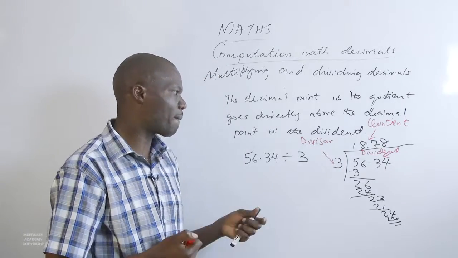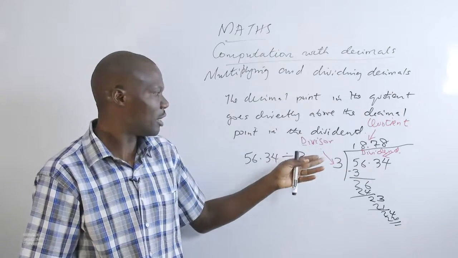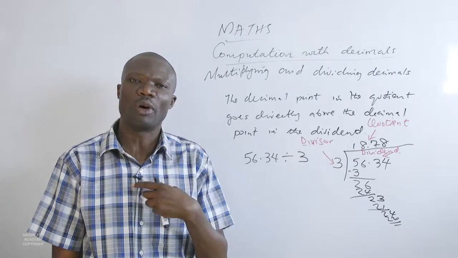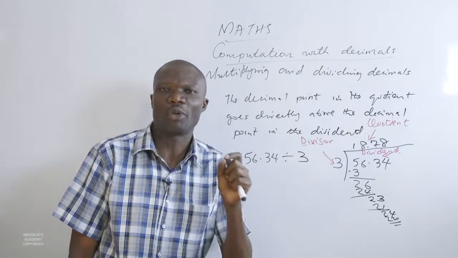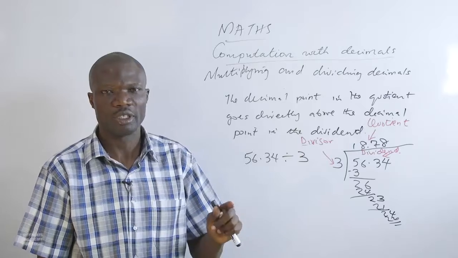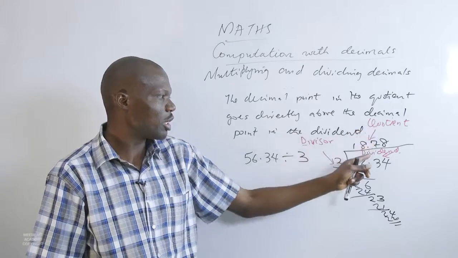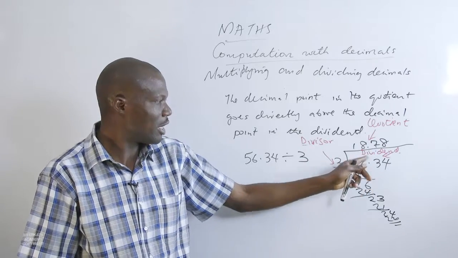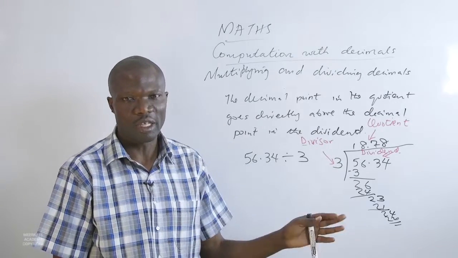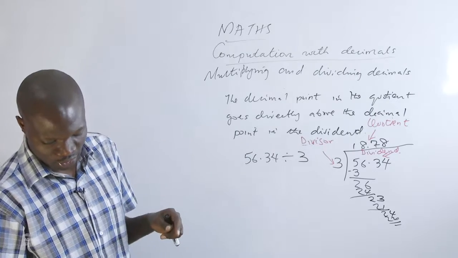So we are able to identify the dividend, the divisor, and the quotient. This quotient is our answer. It is the answer we are looking for. So if you look at the behavior of the decimal point between the quotient and the dividend, it is directly above the decimal point of the dividend. That is the relationship while we are dividing decimals.